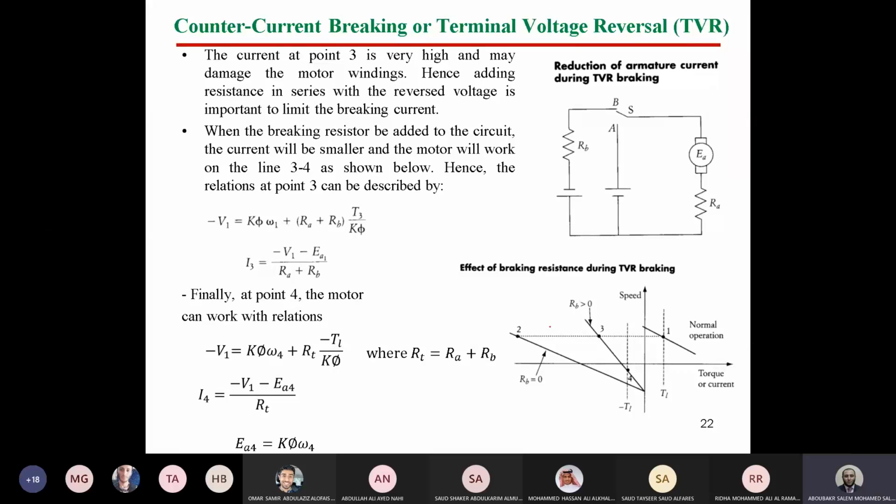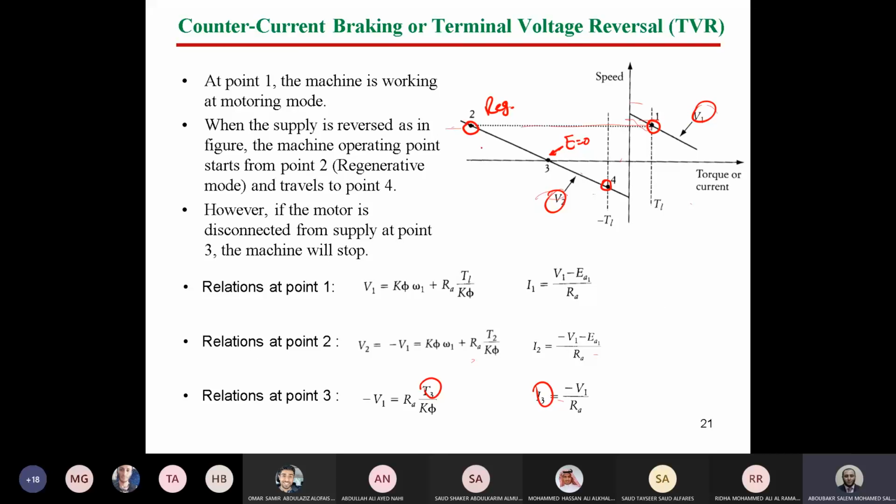Now, if you have a look here at point number 2, what is the value of current? We said that at point number 2, I equals minus V minus E over R. Let's say E at point number 1 and at point number 2 is the same, because flux is the same and speed is also the same. So if we have in the operating mode here in motor, let's say V was 220 volt and E, for instance, due to the voltage drop, will be 210 volt.